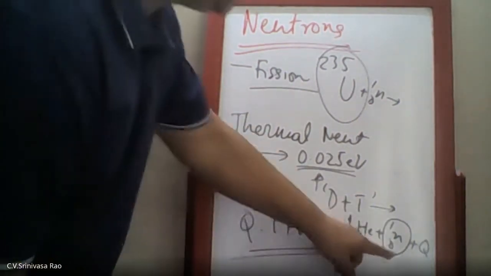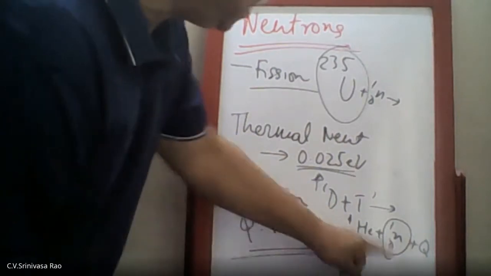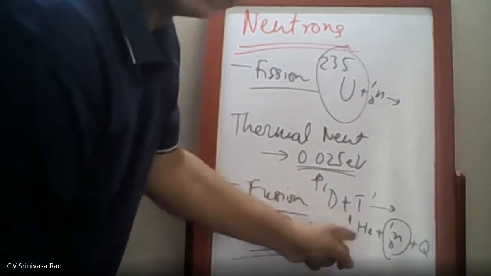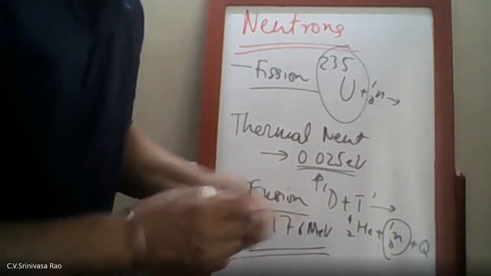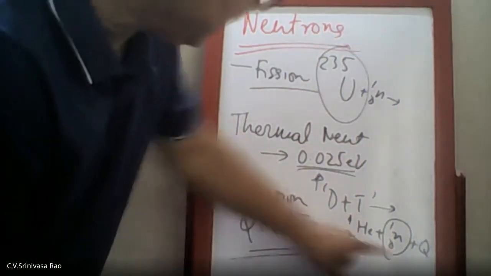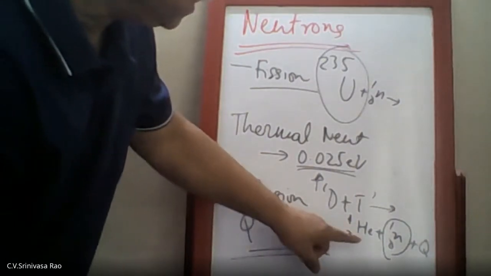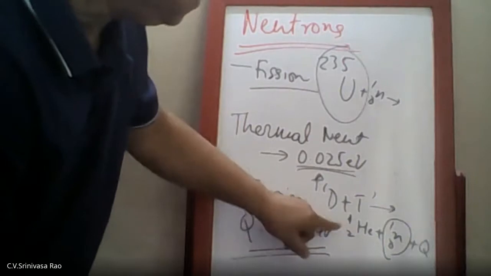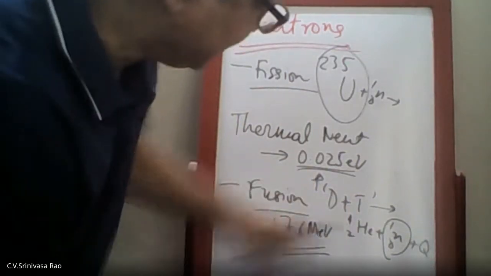Now this 17 MeV has to be shared between these two particles, alpha particles and neutrons. Because neutrons are 4 times lighter than the alpha particles, most of the energy is taken away by the neutrons.